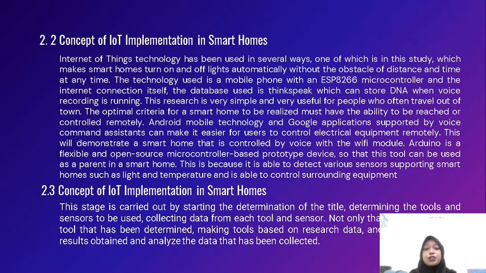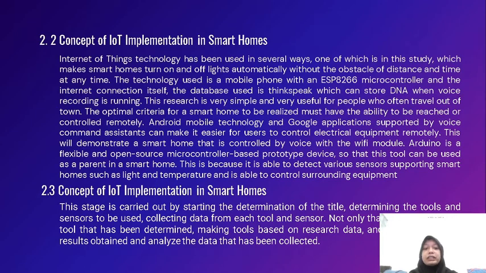This technology uses a mobile phone with an ESP8266 microcontroller and the internet connection itself. The database used is ThingSpeak, which can store data while the record is running. This is very simple and very useful for people who often travel out of town.